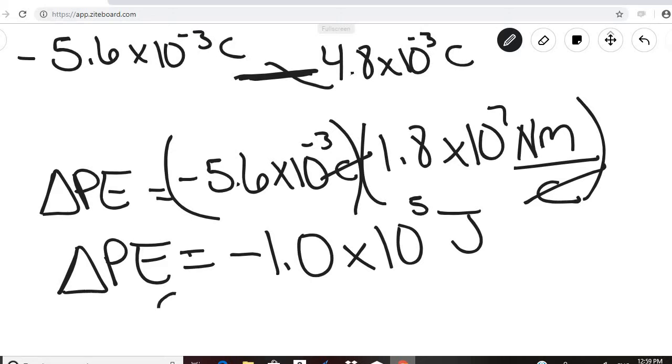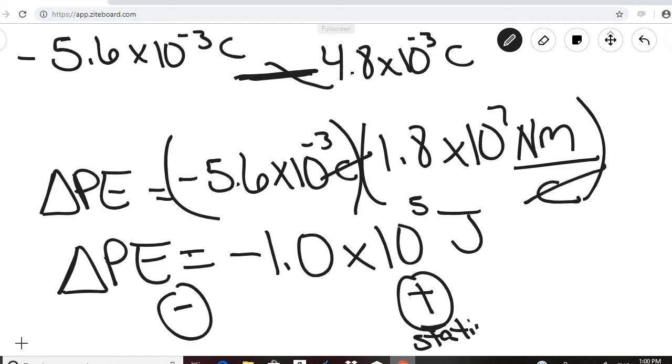Okay, and again, that should make sense because if we have a negative charge and a positive charge, this one can't move. This is stationary. So they possess a certain amount of potential energy, but they're going to be attracted to each other. So this charge is going to start moving toward that charge, and when it does that, potential energy is going to be converted to kinetic energy.